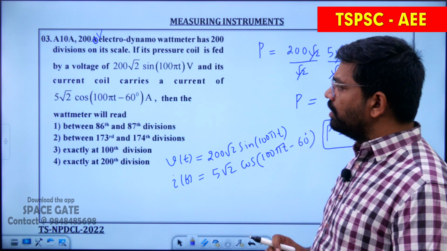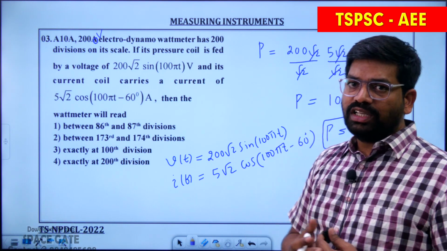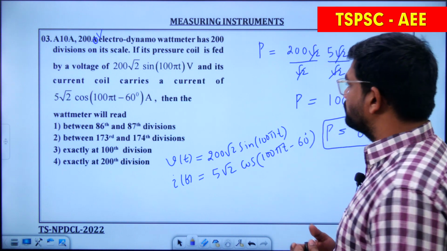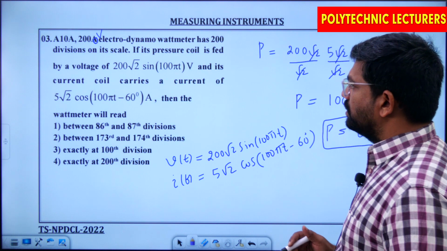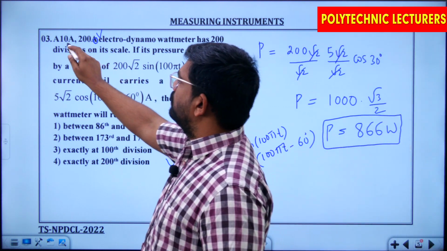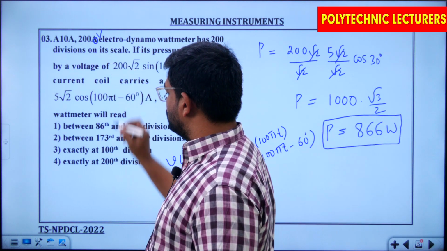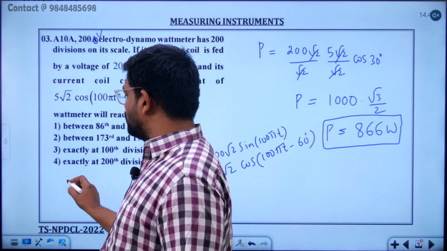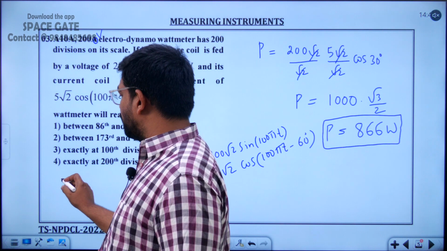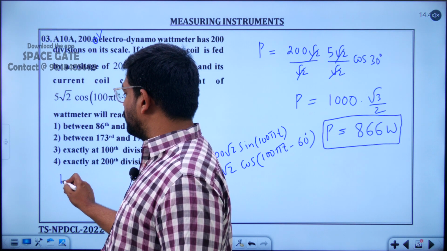But the question is, at what position will it indicate the reading on the scale? So here, if you look at the 10 ampere 200 volts rating, what will be the maximum power that can be measured by the wattmeter?